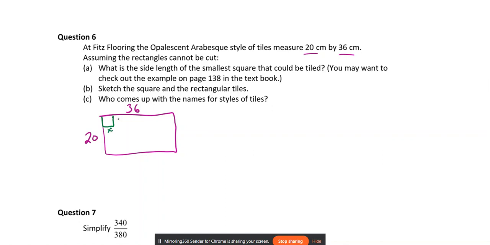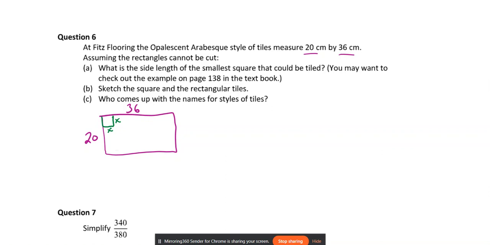Like x on both sides, what's the side length of that square that would tile that thing perfectly? It would fit perfectly into that side and fit perfectly into that side all the way across, so that we don't have to cut any of these square tiles when we get to the end. Anybody know what we're actually looking for there? Yeah, we're looking for the biggest number that goes into both of them. We're looking for the greatest common factor.